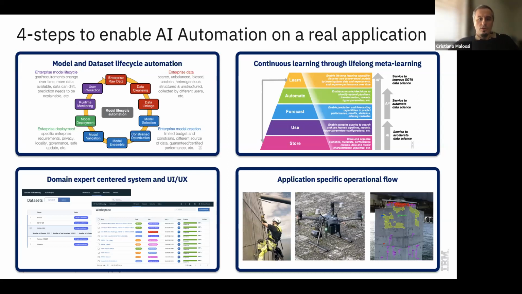Then the second block on the right is what we call continuous learning to lifelong meta learning, and this is something I will get into in more detail through my presentation. But the bottom line idea is how you build automation for AI, and there is no magic, right? At the end, AI needs data, and automation of AI also needs data and metadata.